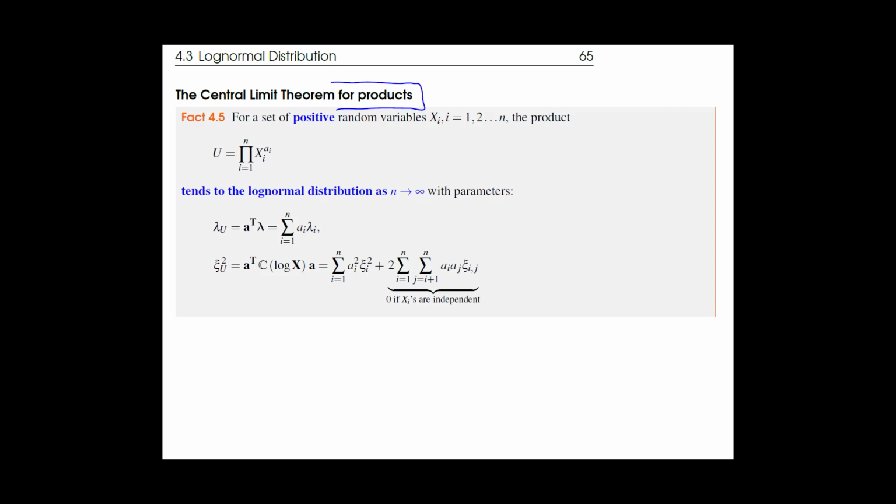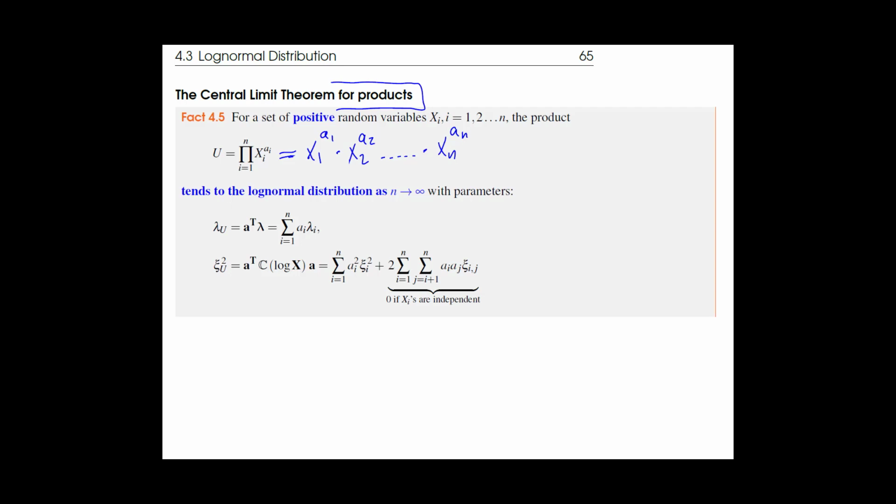A general product would be this formula right here for U. The symbol pi just means product. It's like summation, but product. I can write it out for you. It would be x1 to the power of a1 times x2 to the power of a2 times, and so on, up to xn to the power of an.